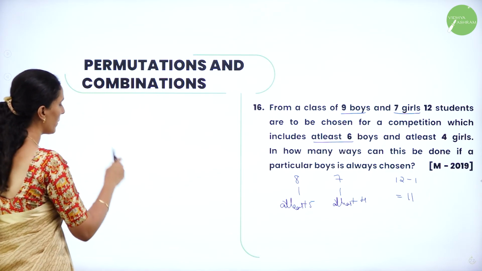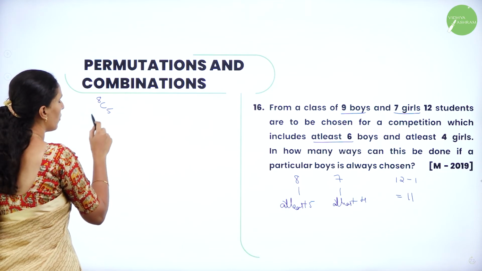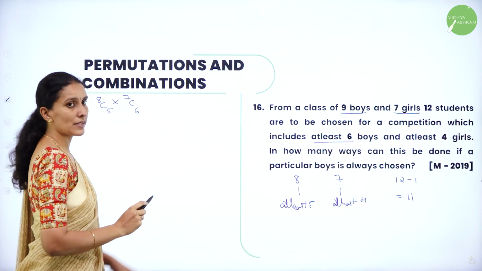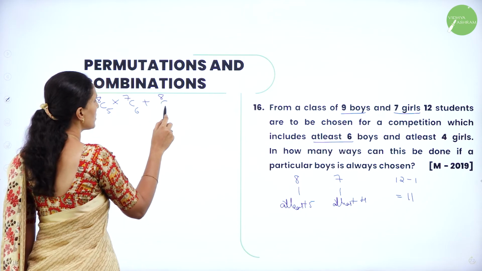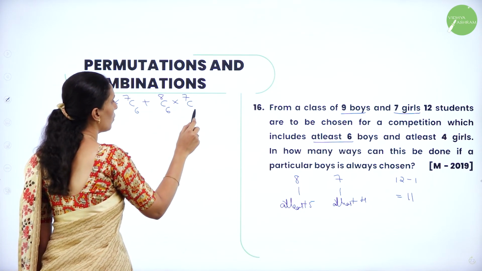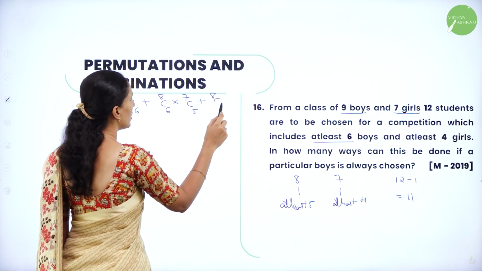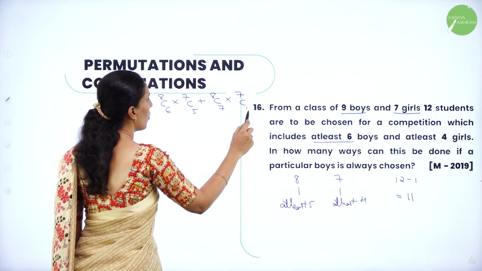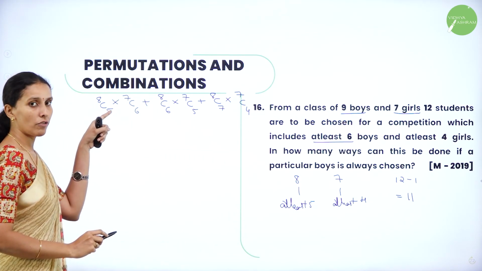So let's write the combination. So out of 8 boys, we need 5 boys into, from 7, we need to choose 6 because 5 plus 6 becomes 11. Next, out of 8 boys, we need to choose 6 boys so that the 7 girls can have only 5 girls. Next, remaining is out of 8, we need to select 7 boys so that the remaining girls will be only 4. So this is the minimum selection of number of girls and this is the minimum selection of number of boys.